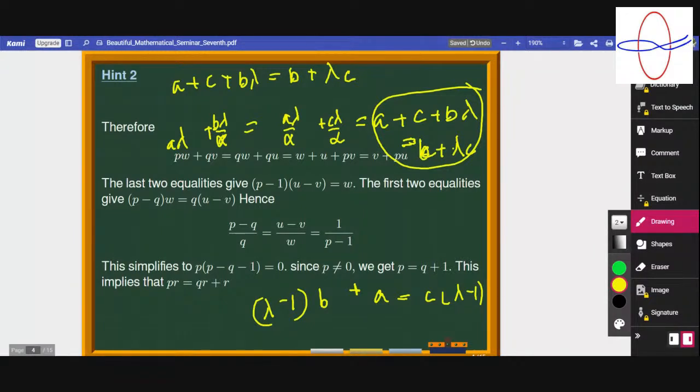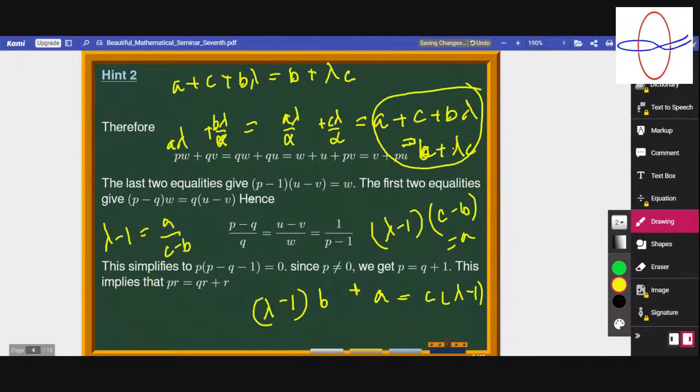I see. Okay, I got it. Fine. Here, actually, we have just renamed. Okay, so here what we have done is that we renamed lambda minus 1 into C minus B equal to A. So lambda minus 1 equal to A by C minus B we are getting.